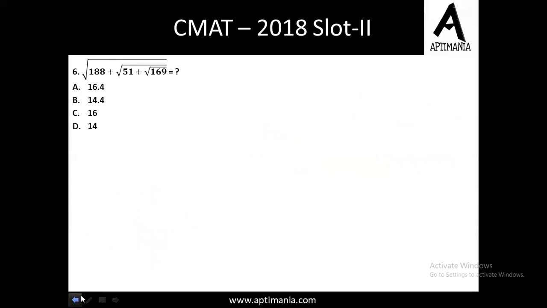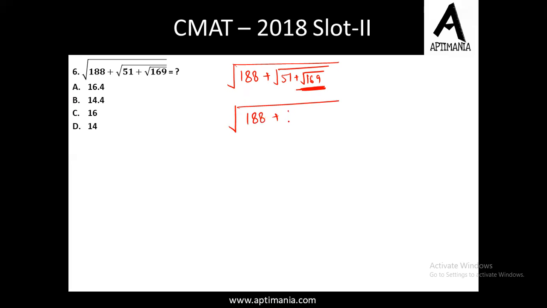Question number 6, it's a question from surds, a very easy question. The only thing we need to take care of is that we have to start solving this from the innermost value. So first of all, in root of 188 plus root of 51 plus root of 169, I'll solve the 169 value first. As we know that root of 169 is 13, I'll put the value, it's root of 51 plus 13.